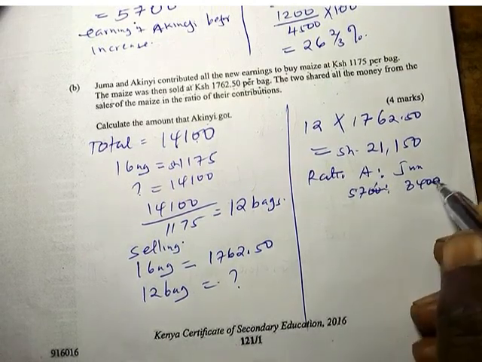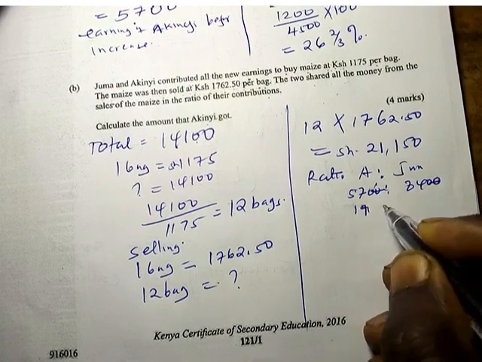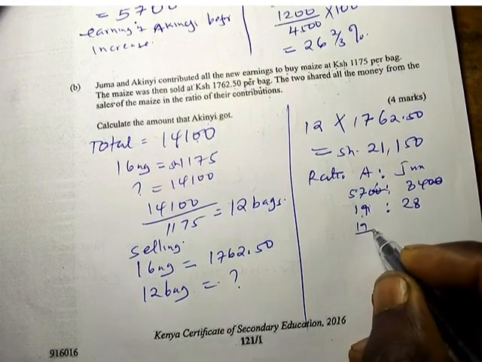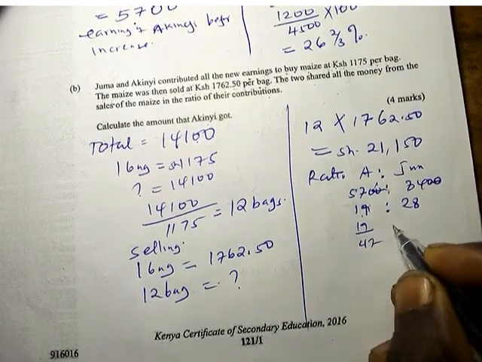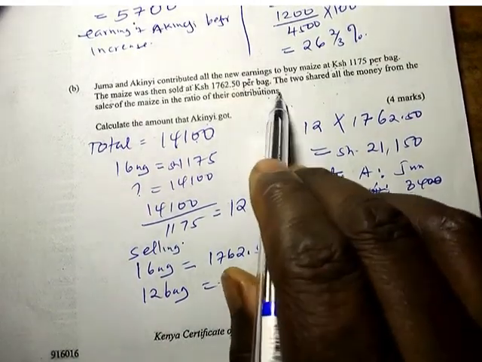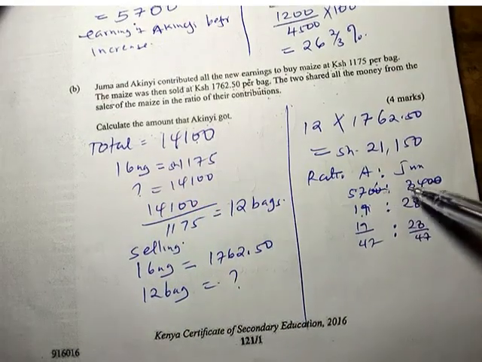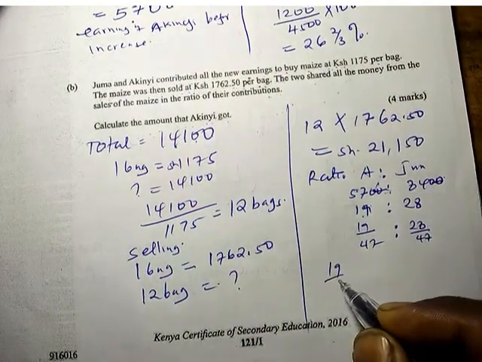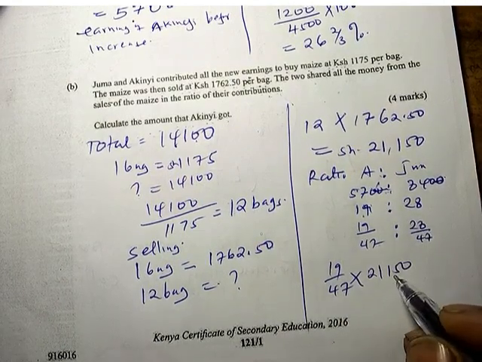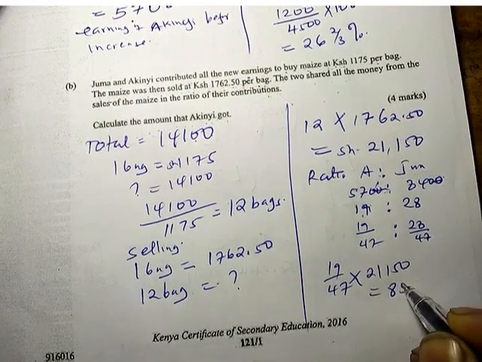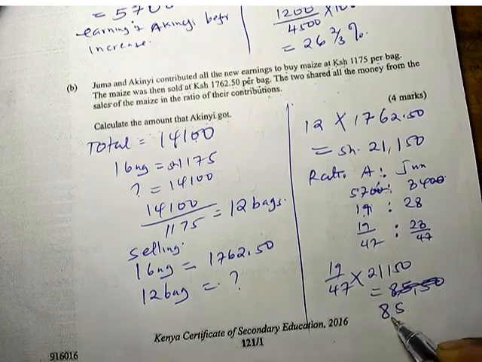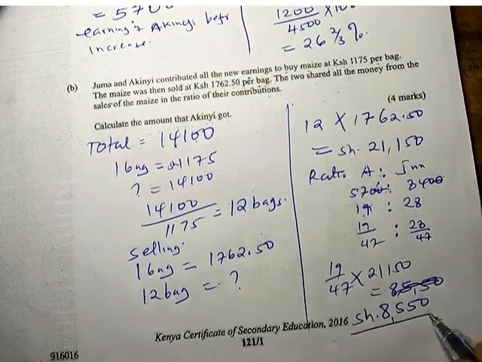So this one and this one, 19 to 28. So this one will get 19 over the total, which is 47. This one will get 28 over 47. So the question is, calculate the amount that Akinyi got. So Akinyi is here. So Akinyi got 19 over 47 times 21,150. And this one is 8,550 shillings.